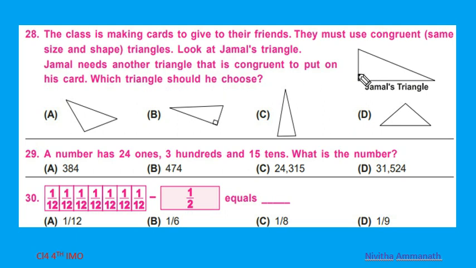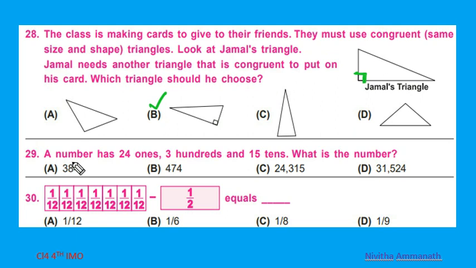Jamal's triangle here has a 90 degree angle, that is a right angled triangle. So, which is the option? This is the correct option. This is one right angled triangle, because if we place this triangle and this triangle, it is the same size and shape.